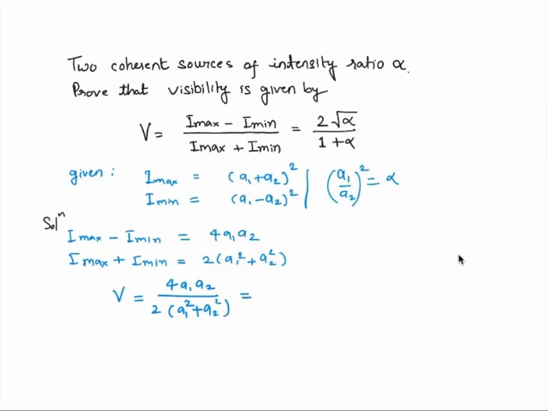Just solve it. This will go away. So we will have 2 times A1 A2 in the denominator. If I take A2 square common, I will have 1 plus A1 by A2 whole square, because you remember we want to substitute that alpha over here.